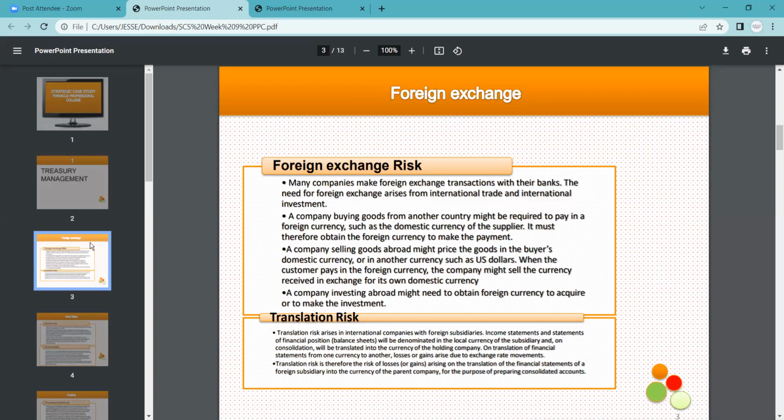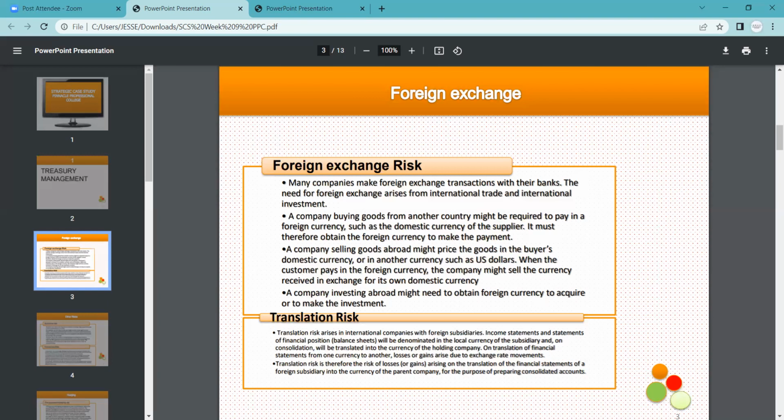Now, a company buying goods from another country might be required to buy in a foreign currency, as I already mentioned. So let's say a local businessman from, let's say, Nigeria or Ghana wants to buy things from China, right? They would need a Chinese currency to be able to do that trade.